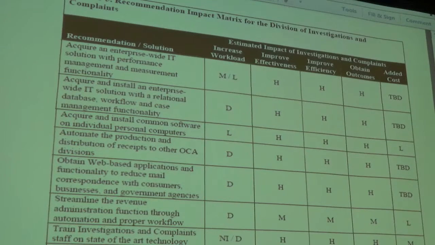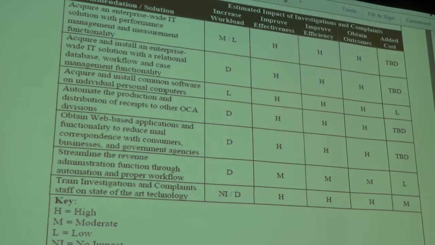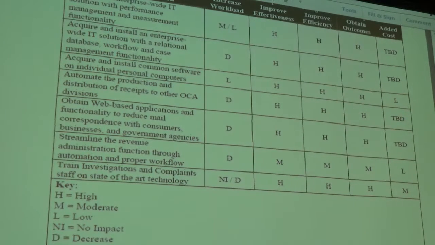The added cost to the organization needed to be determined because we didn't know which IT solution was going to be procured, if it was going to be procured, and so we didn't know that. Right, there's a key for high, moderate, low impact, decrease, and to be determined.